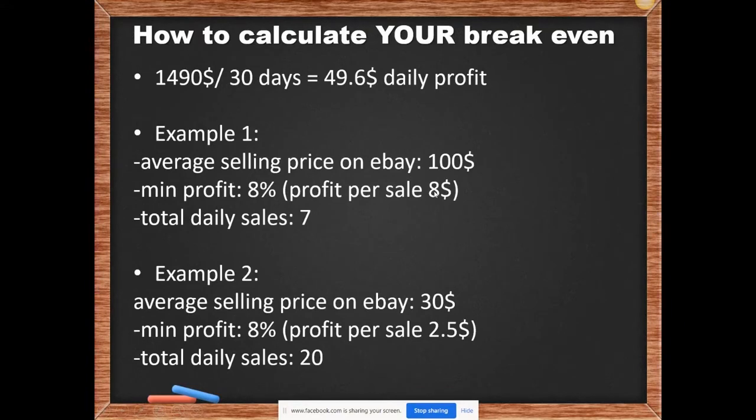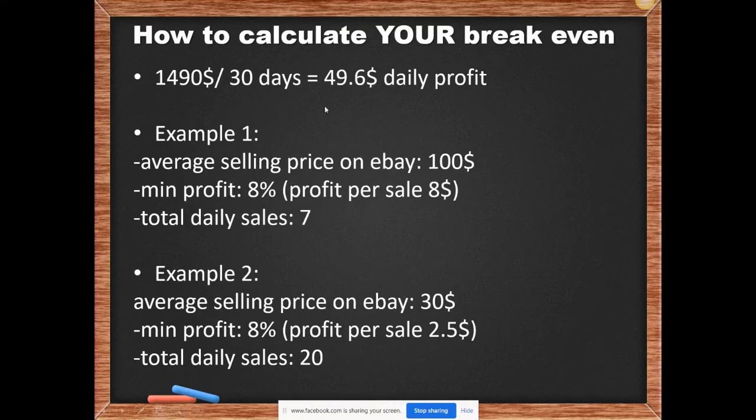So if you take 100 and you divide it by 8, you need to make about 7 sales a day, right? Because 7 times 8 is 56, not 50, but let's say 7 sales a day.